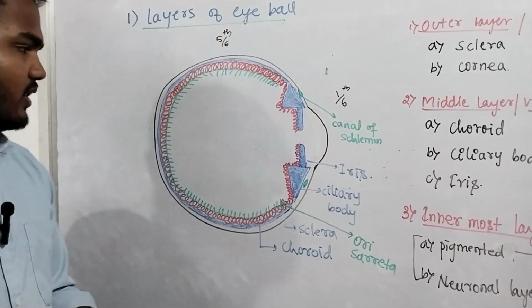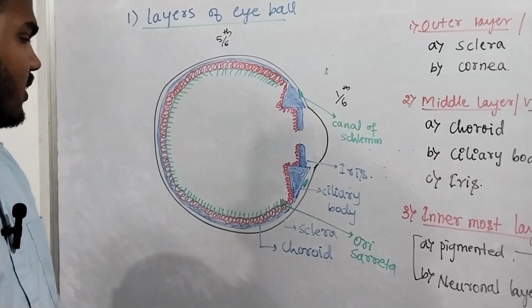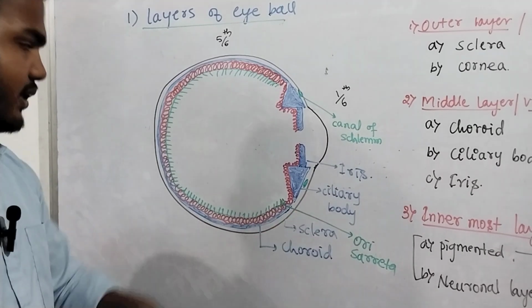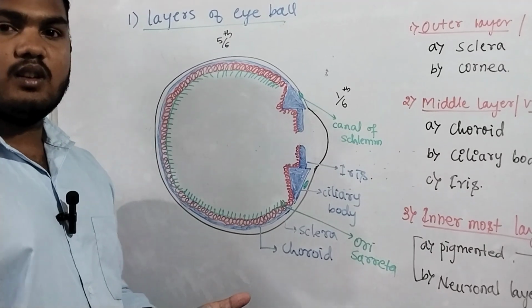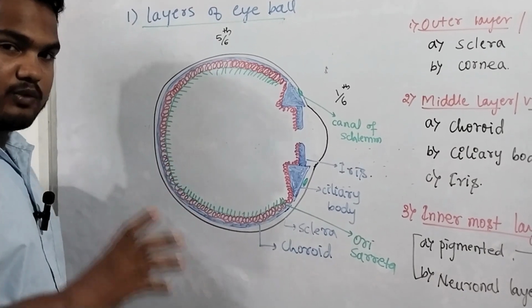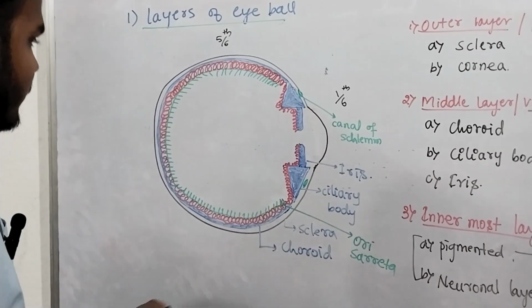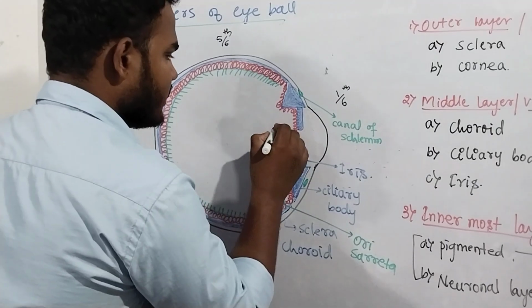Next is the sections of an eyeball. In that we will deeply discuss how the aqueous humor is produced, how it is circulated and how it is drained. Before going to that topic, one important thing we missed out is the lens.